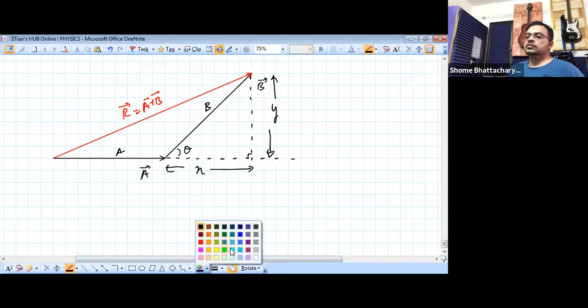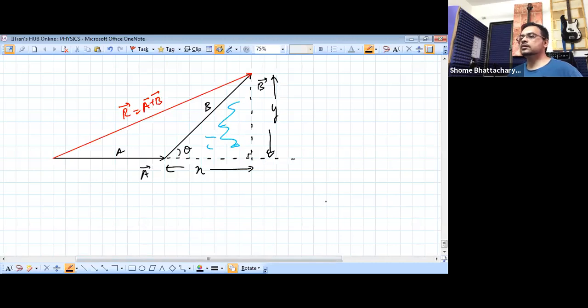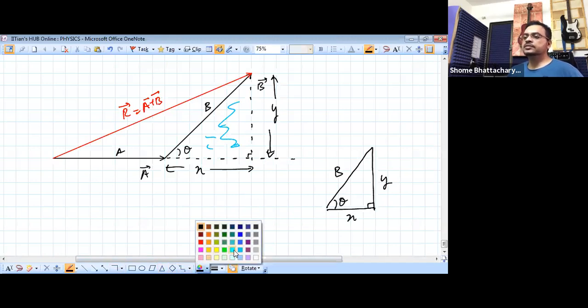When you look at this triangle separately, it looks like this. This side is B, this side is y, this side is x, and this angle is theta.